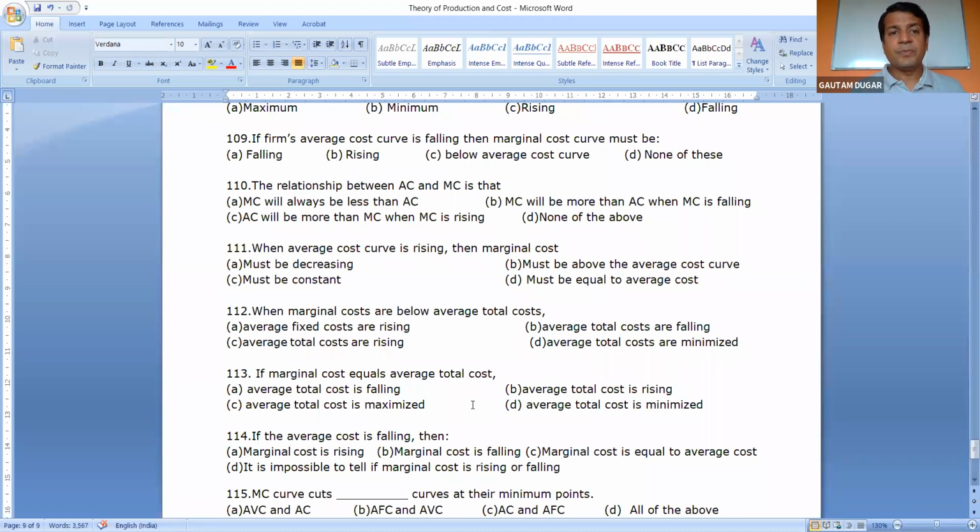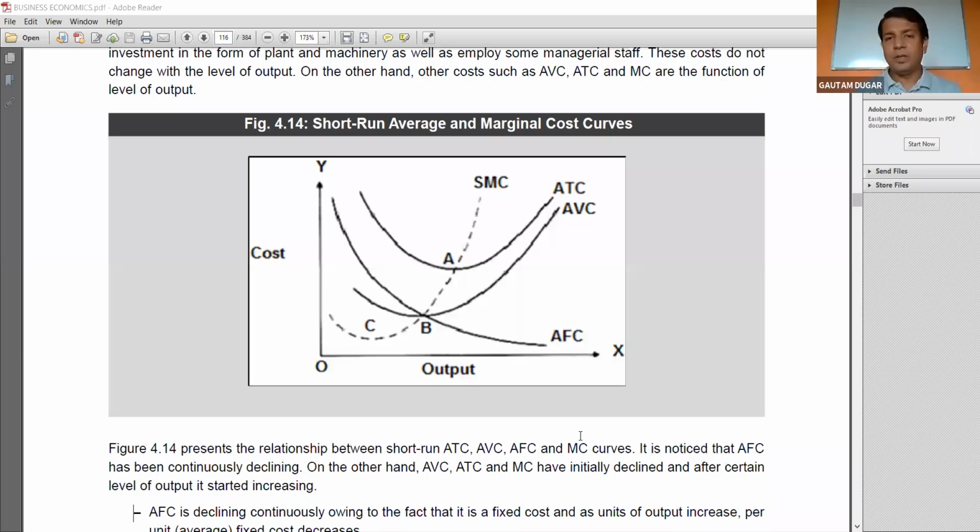Judge carefully. I'll show you the diagram once again, because most of you have gone wrong. Look at this. You see the marginal cost curve and the average cost curve. Forget other curves.